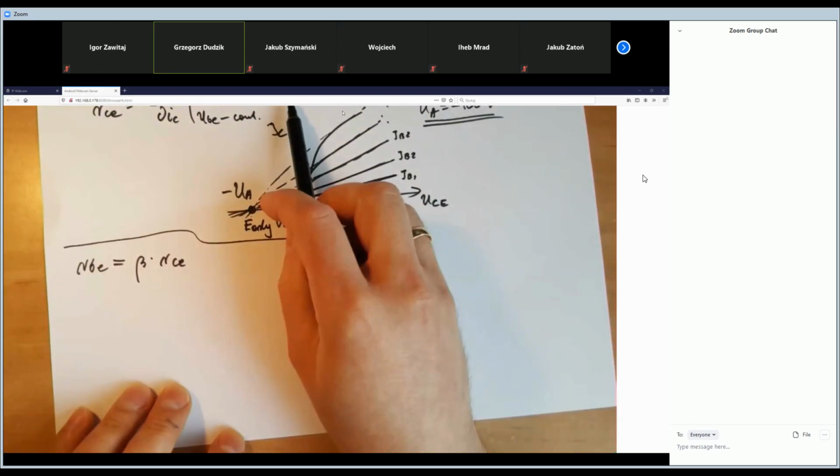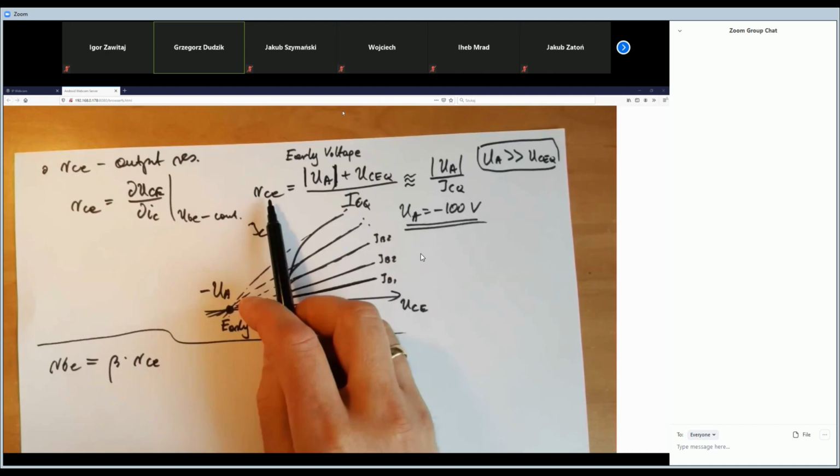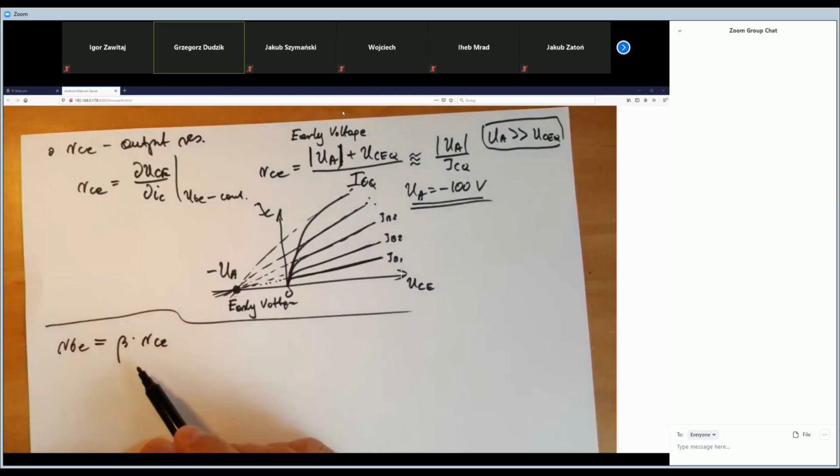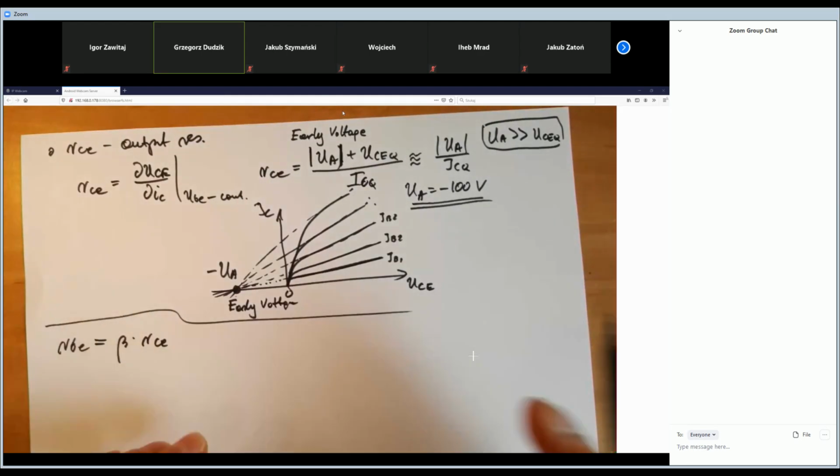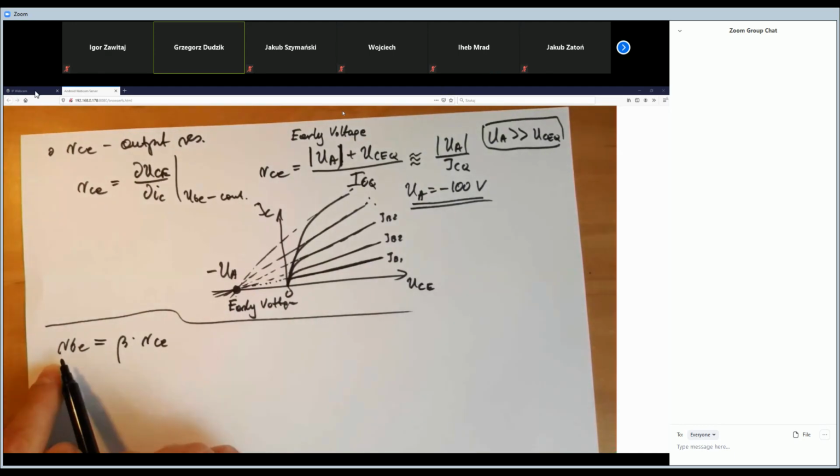RCE is tens of kilo ohms, hundreds of kilo ohms, and multiplied by beta. Beta is 100, 800. So as you see, the value of RBE is so huge.